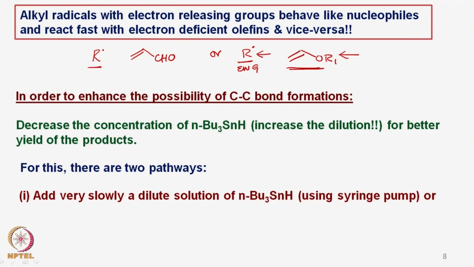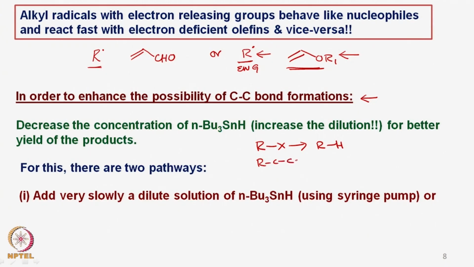Now in order to enhance the possibility of CC bond formation and stopping after the first CC bond has formed, and at the same time to make sure that Rx does not get reduced to RH, this could be one competing reaction, but what we want is a CC bond formation.